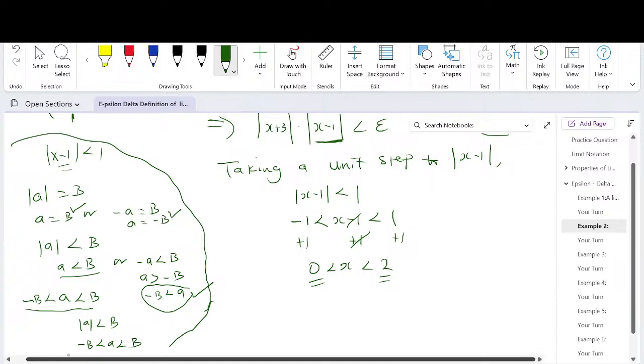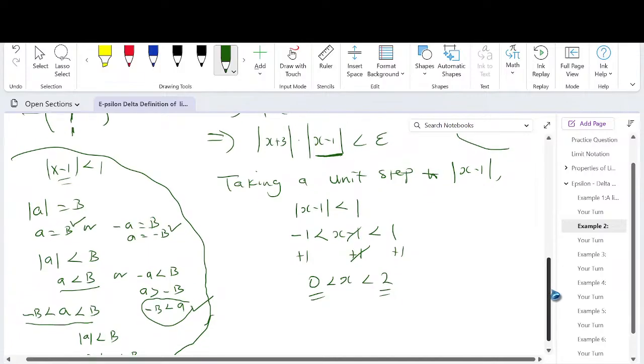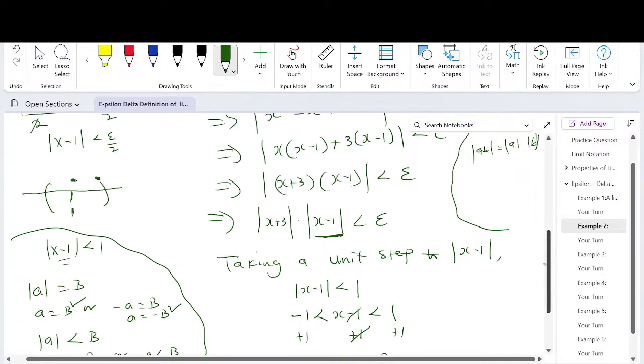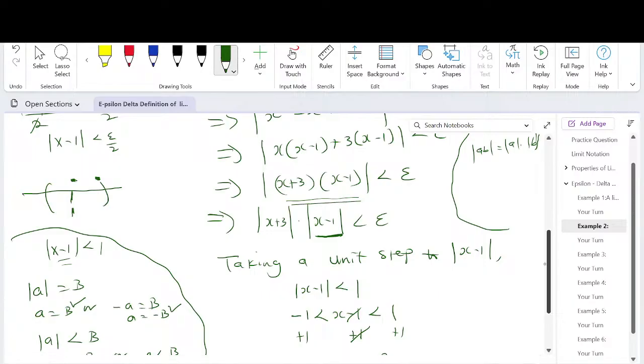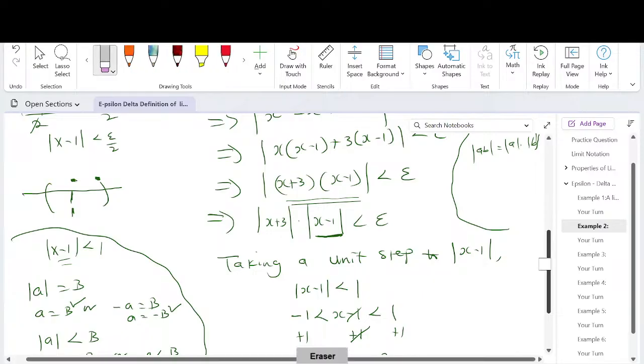We want this to be bigger. Which one am I going to select between these two? Let me show you. If I select 0, of course everything will disappear, so 0 is not useful. If I put 0, this will be 0 plus 2, and that will be 3, so it will be 3 times this.